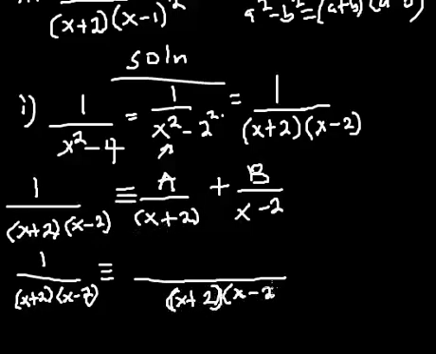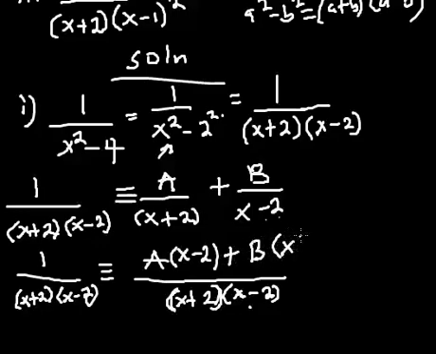Of course, x plus 2 will cancel x plus 2, and I'm left with x minus 2. So that's going to be A multiplied by x minus 2. Then plus B multiplied by x plus 2.